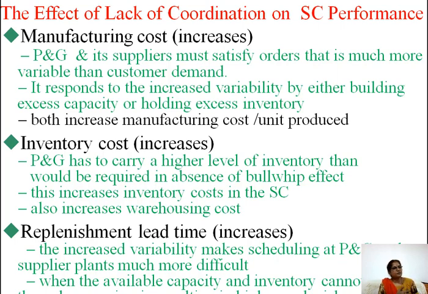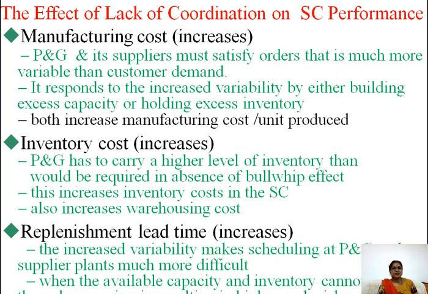In both cases, manufacturing cost per unit will increase, and if they go for excess capacity, actually it's a foul game. Fake demand, not the actual demand, inflated demand. So even if they build extra capacity, that actual demand won't materialize. Tomorrow they'll understand that it is temporary, and when it doesn't materialize, capacity goes to waste.